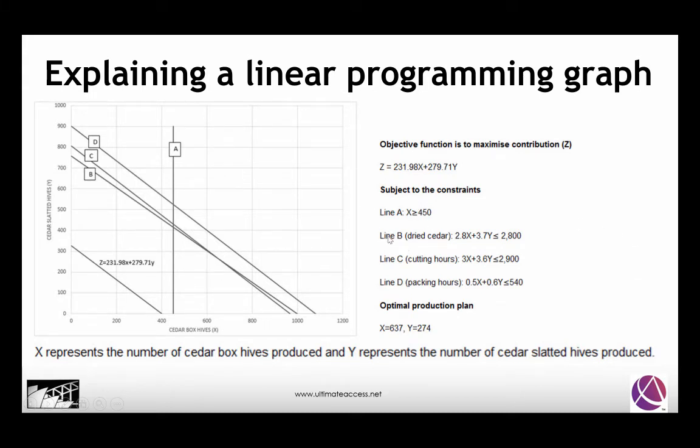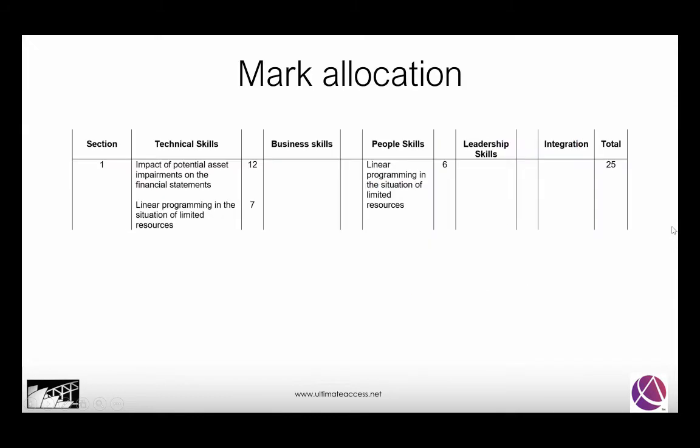And then they've got line B, which is that the number of units produced has got to be less than or equal to the amount of the dried cedar available. And similarly, the cutting hours, that puts a limit on the amount of cutting hours that can be used, a limit on the packing hours. So that would be one way in which this topic can be tested.